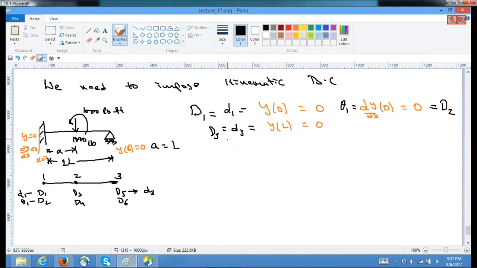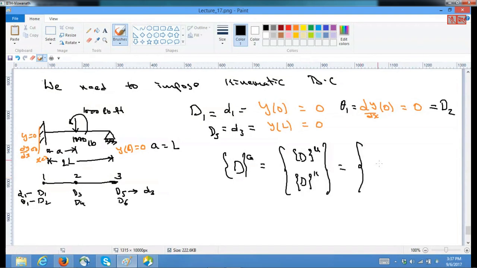So knowing this information, we can write dg as two things: d unknowns and d knowns. So d3 is not known, d4 is not known, and d6 is not known. This is d unknowns, and what we know is we know d1, we know d2, and we know d5.